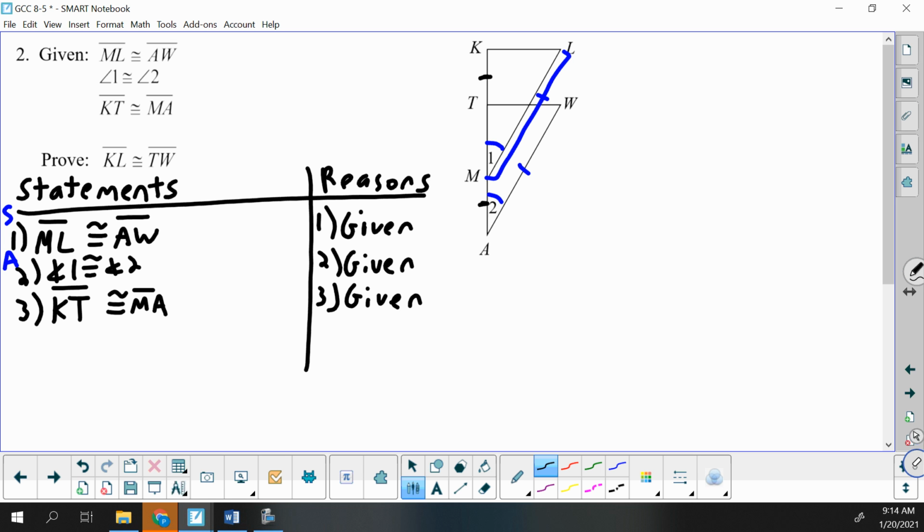Okay, those segments we have are short of a side, so we need to add some more on there. And both need MT added to them to give you a full side. So because we're going to add the same thing to both, let's do a quick reflexive property. MT is congruent to MT by the reflexive property.